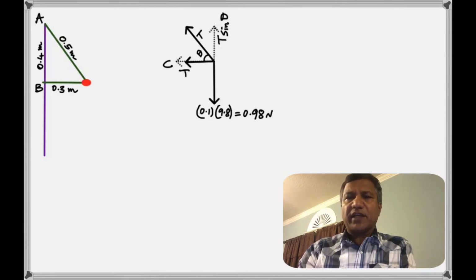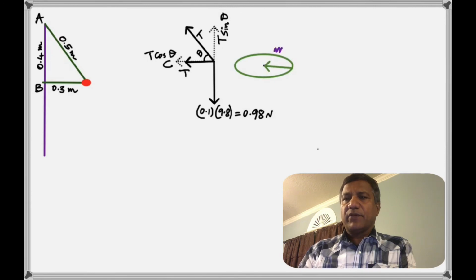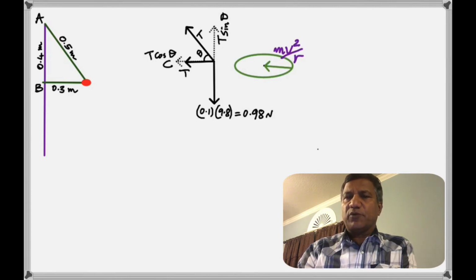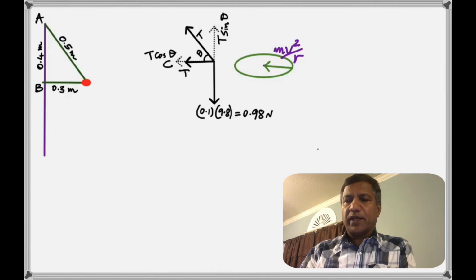Now we can find theta from the triangle, and using that we can also find the tension. There is the centripetal force acting on the bead because it's making a circular path, and centripetal force is mv squared by r.